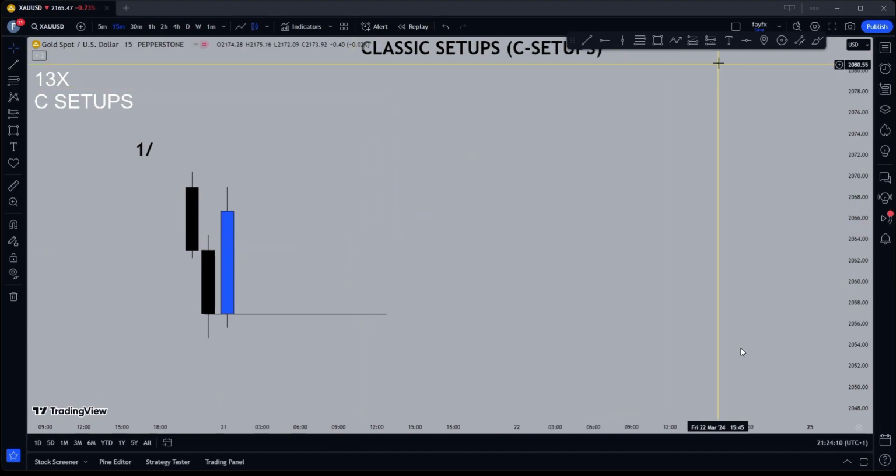In X time frame, classic level and X. Okay.